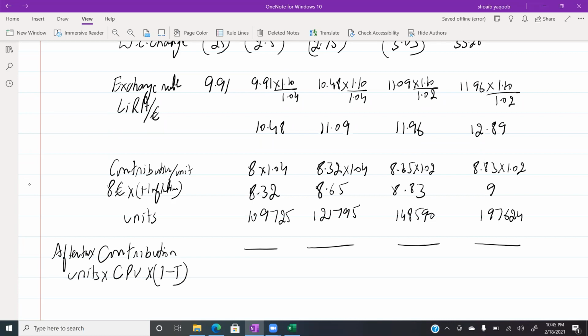And convert these into millions. 8.32 into 109,725 into 0.8 divided by 1 million. This is 0.73. 0.84. 1.05.